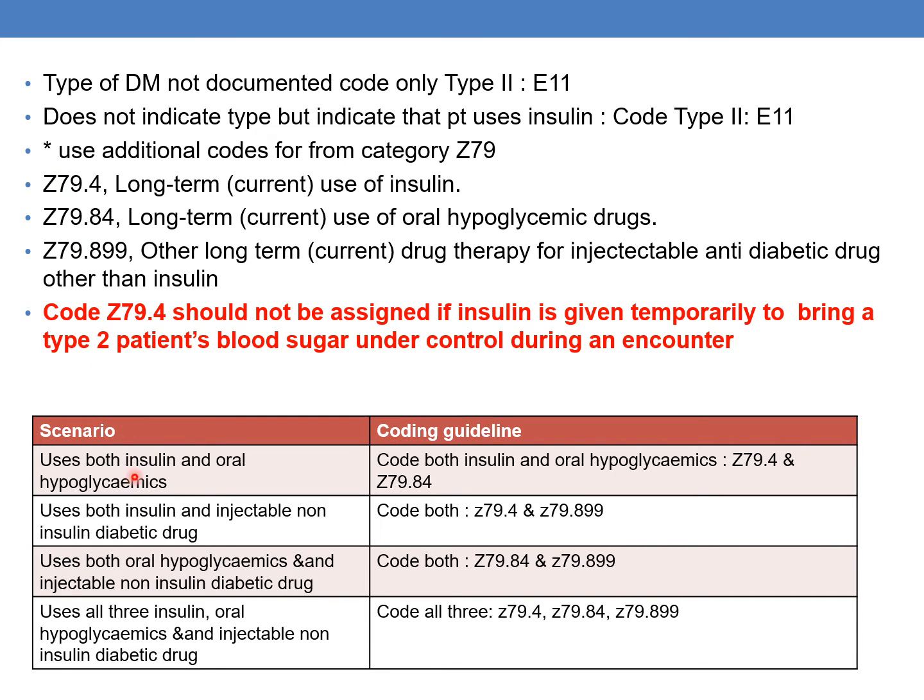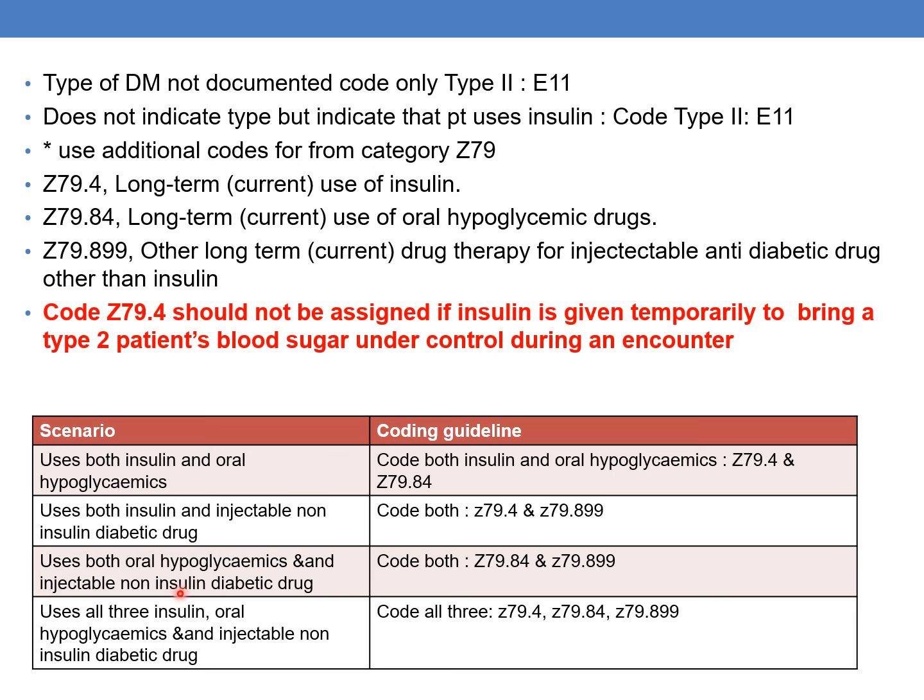If the patient uses both insulin and oral hypoglycemic drugs, you need to code both, Z79.4 and Z79.84. If the patient uses both insulin and an injectable non-insulin diabetic drug, code both Z79.4 and Z79.899.